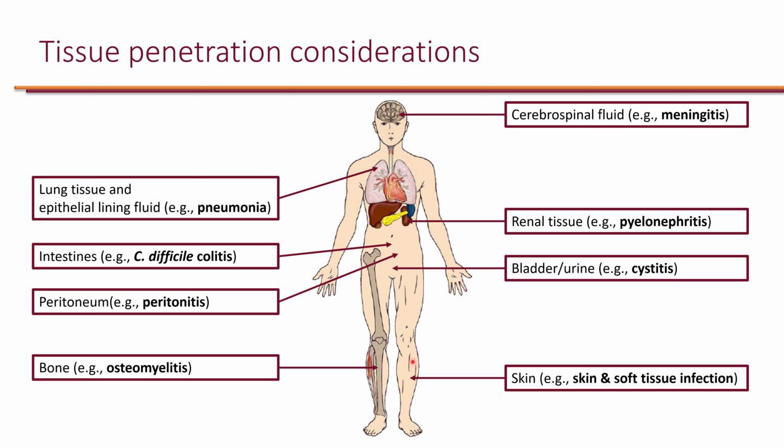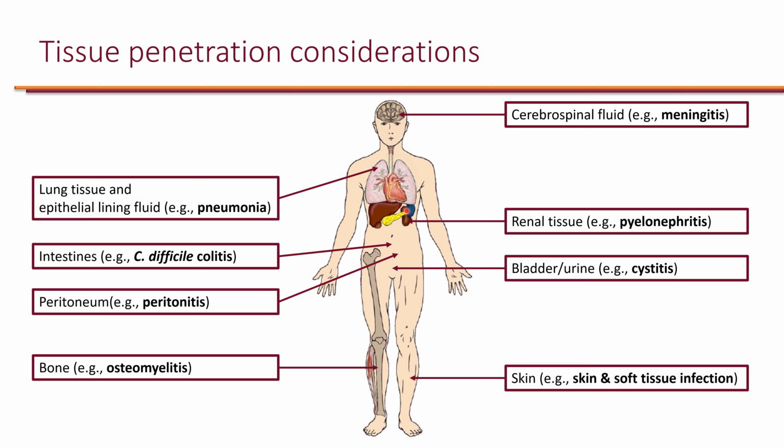So for skin and soft tissue infection, you want to make sure it penetrates the skin. For bone infections, which we call osteomyelitis, you want to make sure you get bone penetration. For peritonitis, which is in the peritoneum or peritoneal space, you want to make sure that the drug penetrates that area.